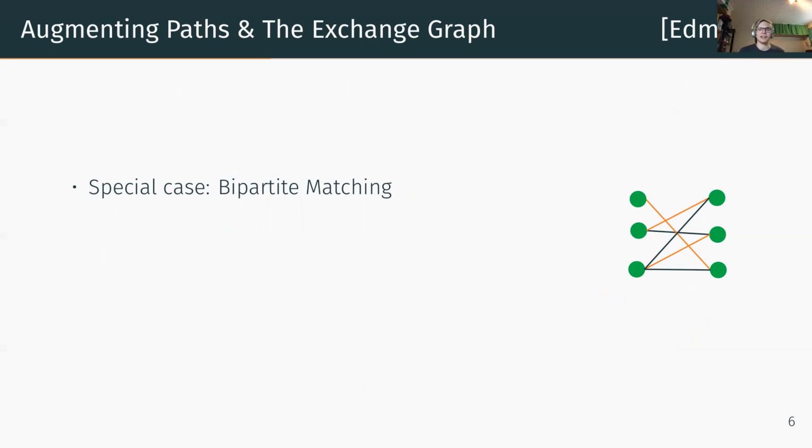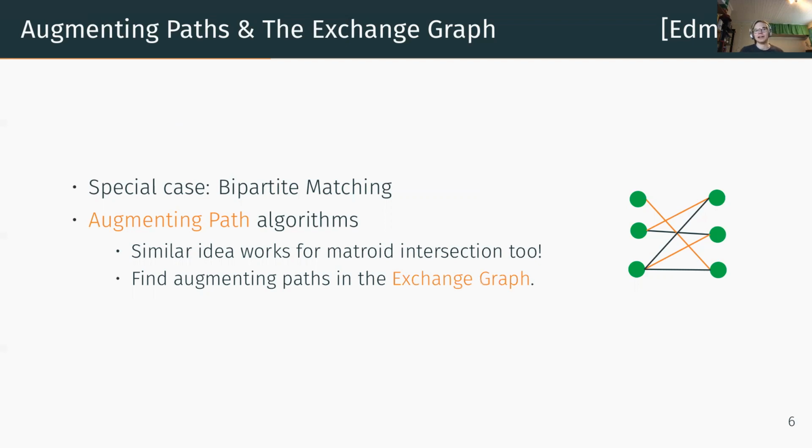Recall that bipartite matching is a special case of matroid intersection, and some bipartite matching algorithms are based on finding augmenting paths. So you start with an empty matching, and then you keep increasing the size of the matching by finding augmenting paths in the graph. It turns out that a similar idea works for matroid intersection too, and this is due to Jack Edmonds. And you find these augmenting paths in what is called the exchange graph of the matroids.